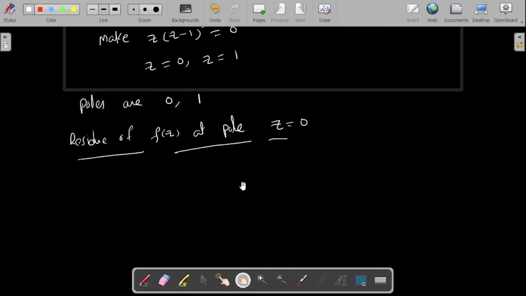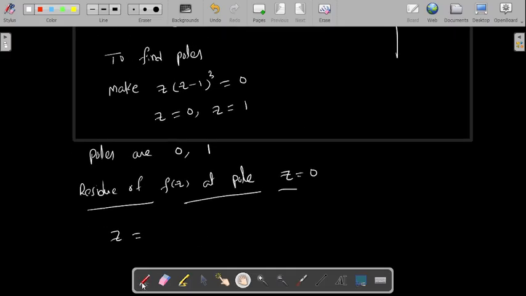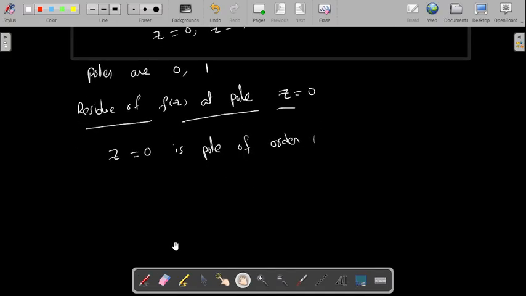So now, residue of f(z) at z equals 0. See, z equals 0, how many times repeated? z power 1. That means z equals 0 is a pole of order 1.